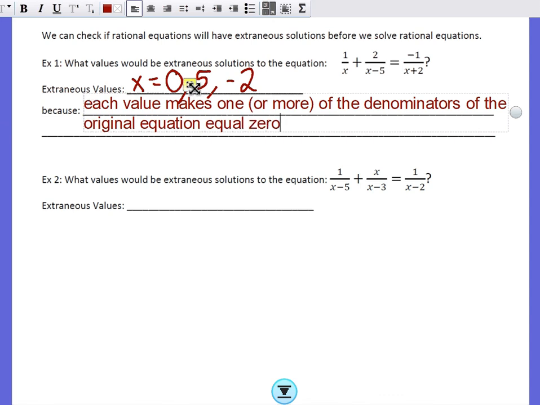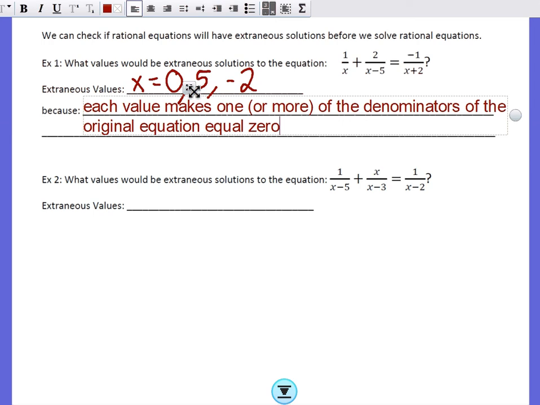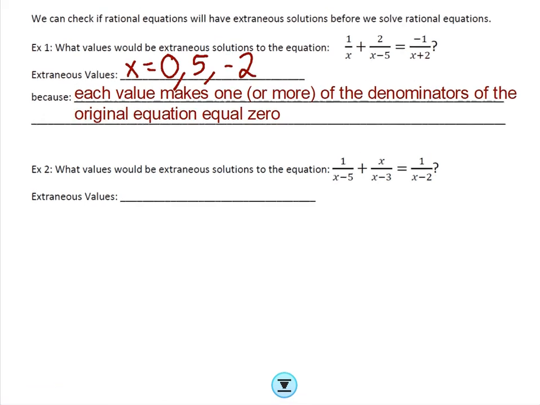Okay? It doesn't have to be those exact words for your explanation, but that's the idea, is that if you have a denominator, or one or more denominators, that x value would make that denominator 0, then that would be a potential extraneous value or extraneous solution.